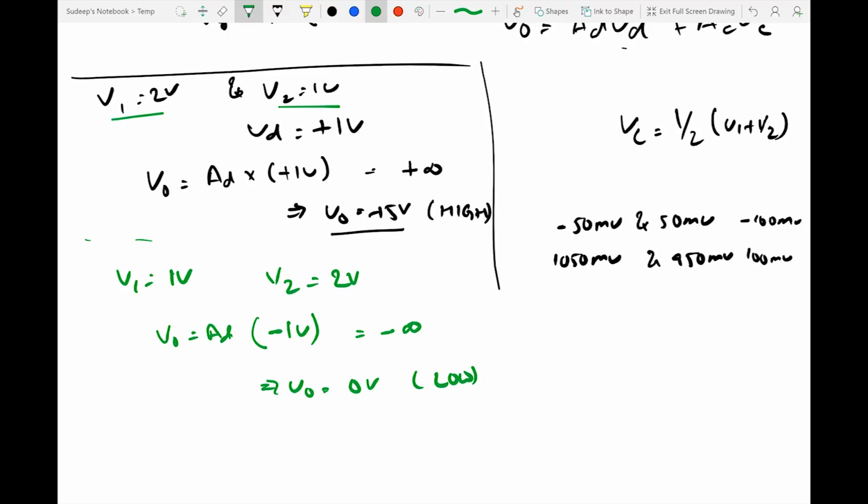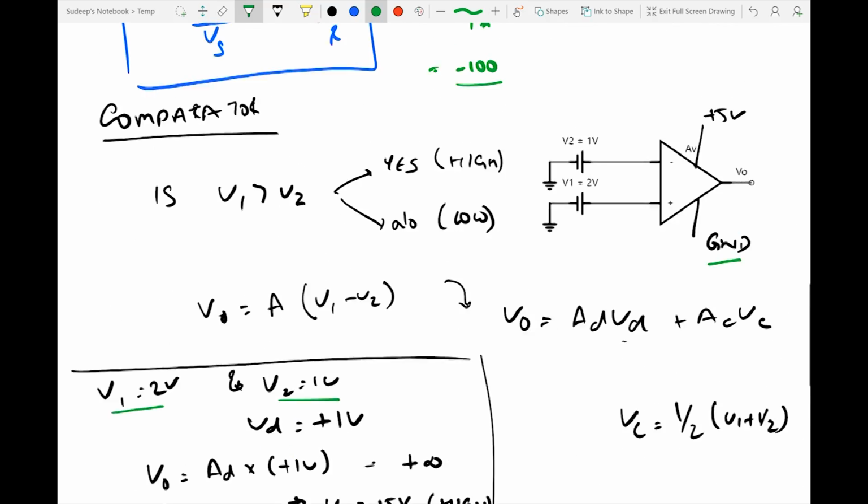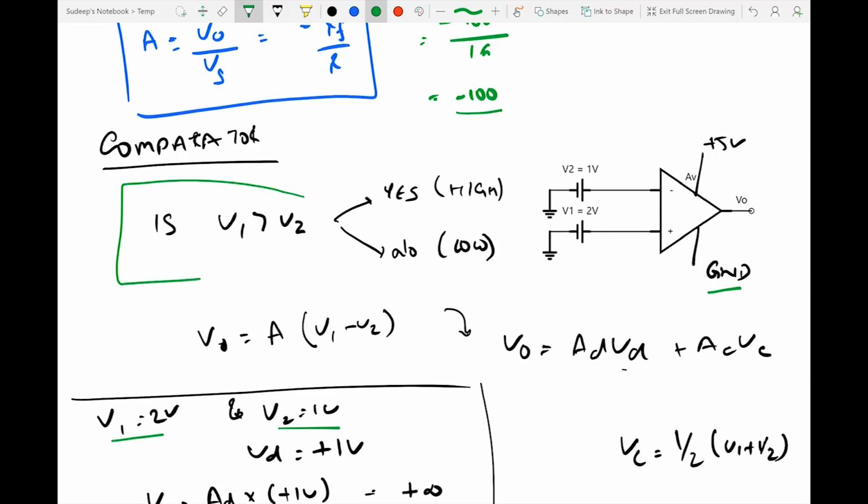So we have been able to use our differential amplifier as a comparator to get a logic high or a logic low for our comparison, which says is V1 greater than V2, which is the voltage at the non-inverting terminal greater than the voltage at the inverting terminal.